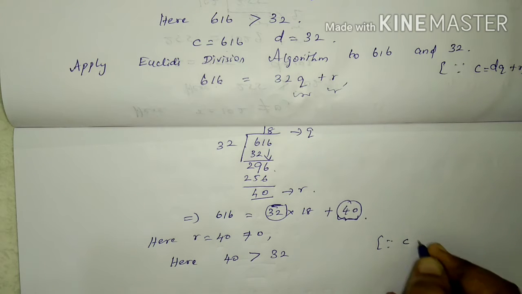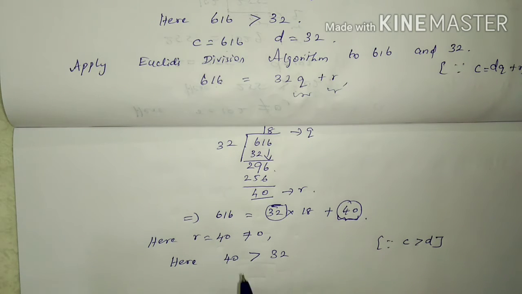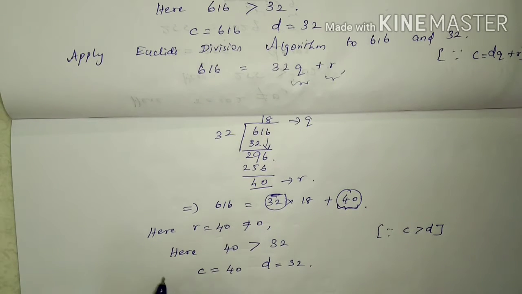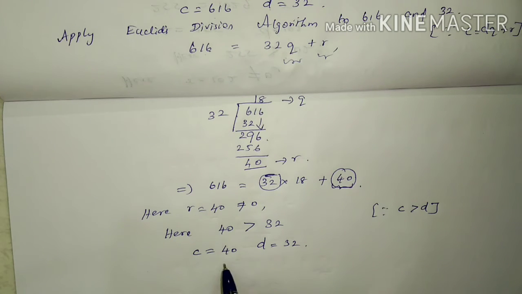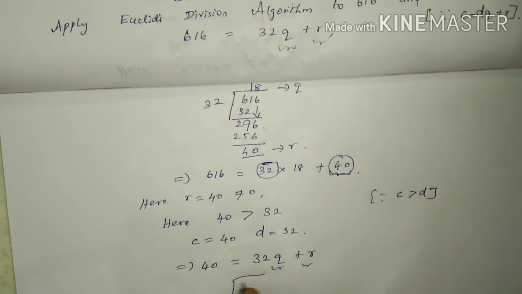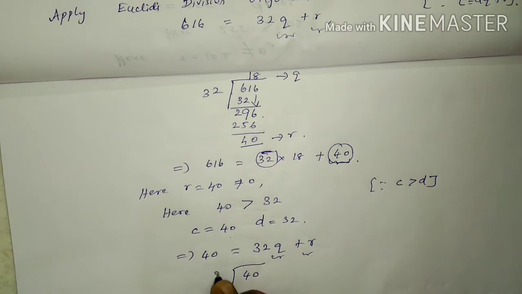Since C should be greater than D, and here 40 is greater than 32, our C is 40 and our D is 32. Now again we apply Euclid's division algorithm to 40 and 32. We can write 40 is equal to 32 into Q plus R. To find Q and R, we divide 40 by 32.